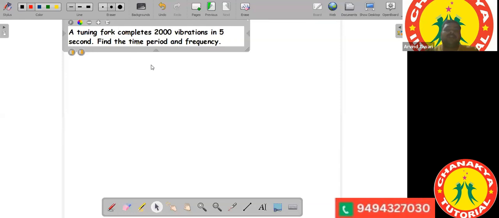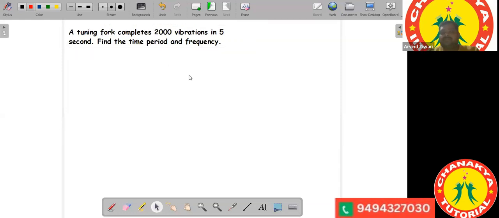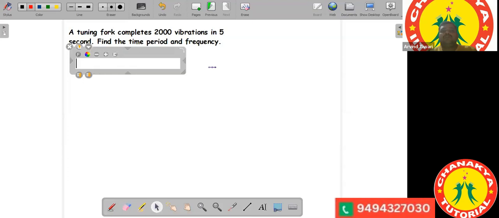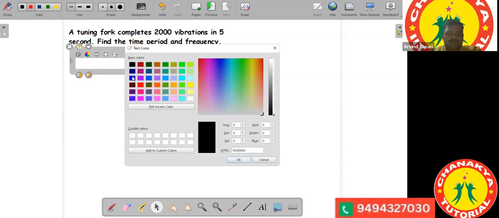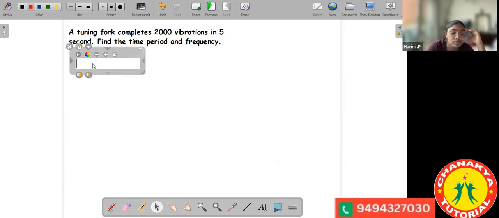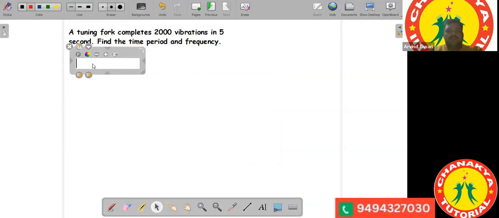Okay, anyone obtained the value of time period? Is there anyone who has obtained the value of time period? So 400? Okay. Yes, the time period is 400.